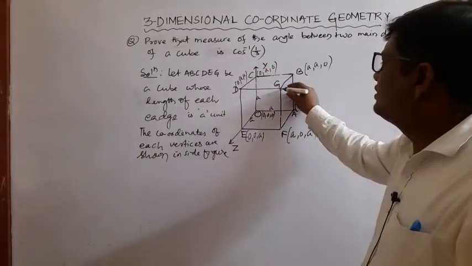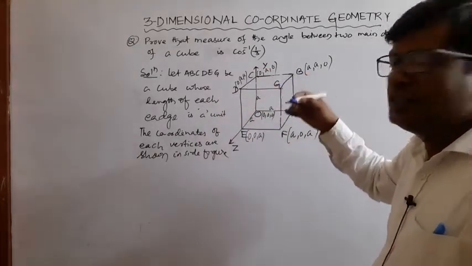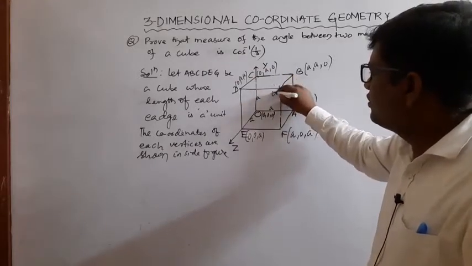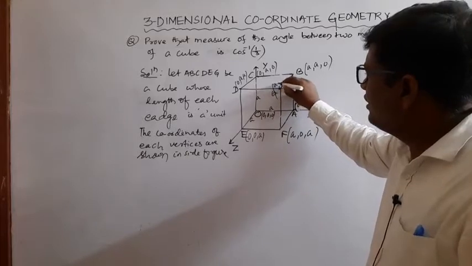Now the point G is in space, so its coordinate is (a, a, a).